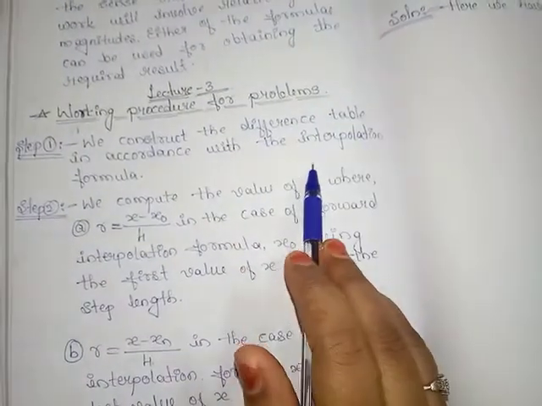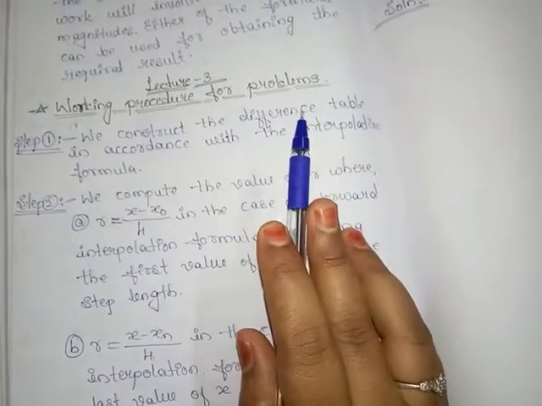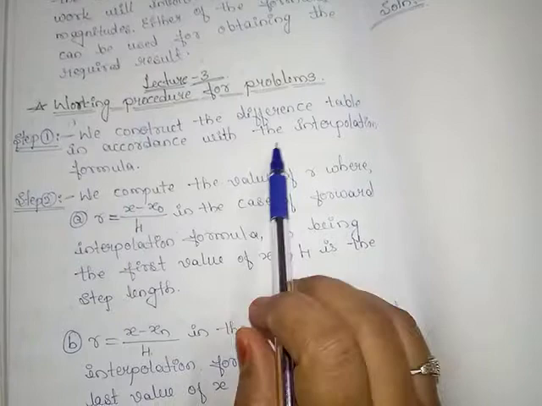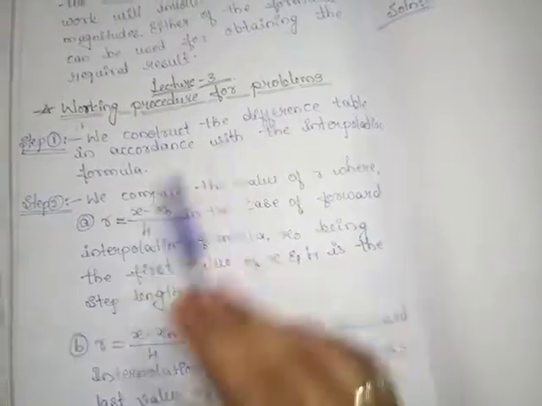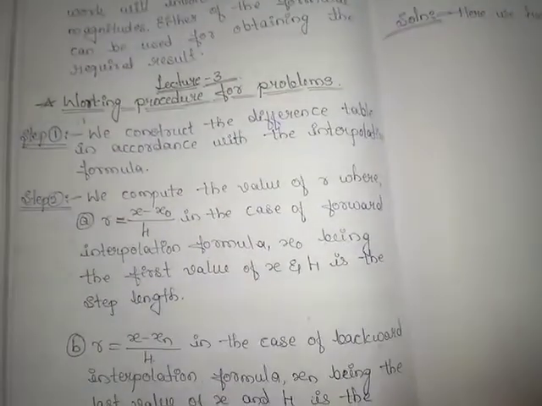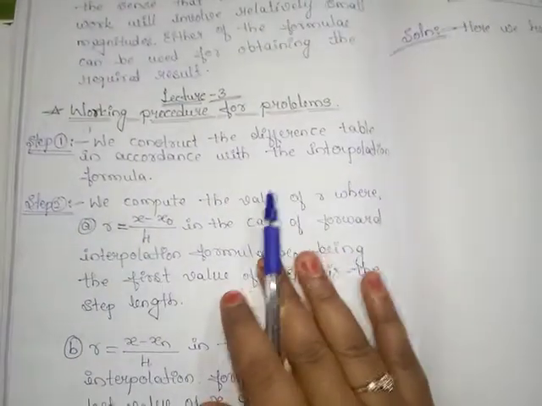No doubt the difference table is the same for backward and forward differences. We first form the difference table and you have to analyze which interpolation formula is applicable for the given example.